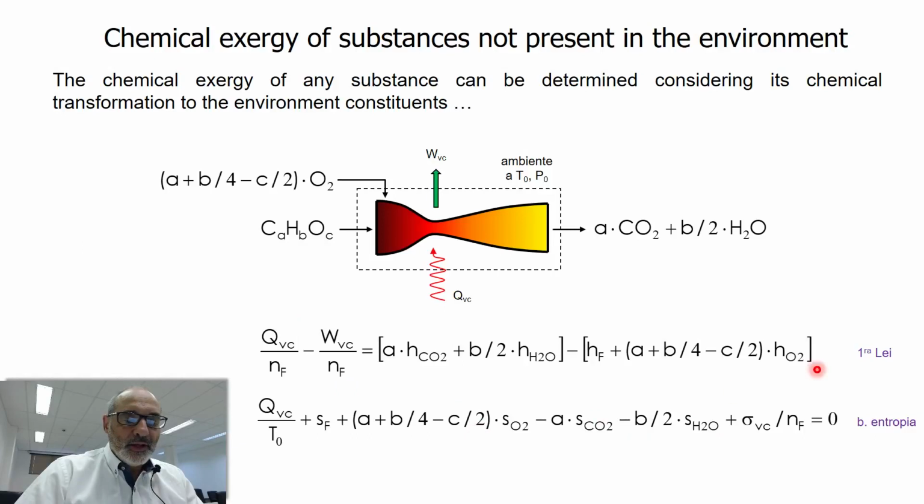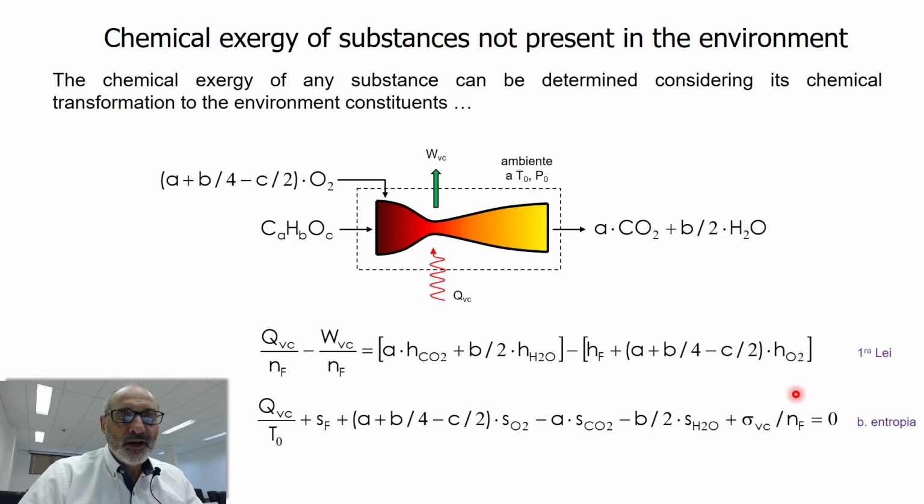And the same can be done. This is the first law, and this is an entropy inventory, or the same exergy inventory. So I get this expression here. It's exactly the same: entropy associated with this heat flow, fuel's entropy, O2 entropy, and so on.